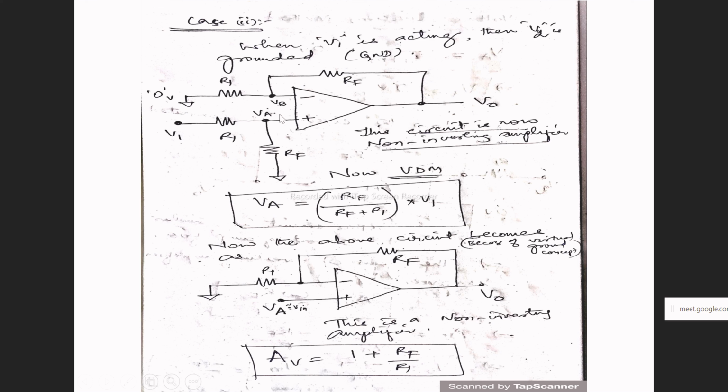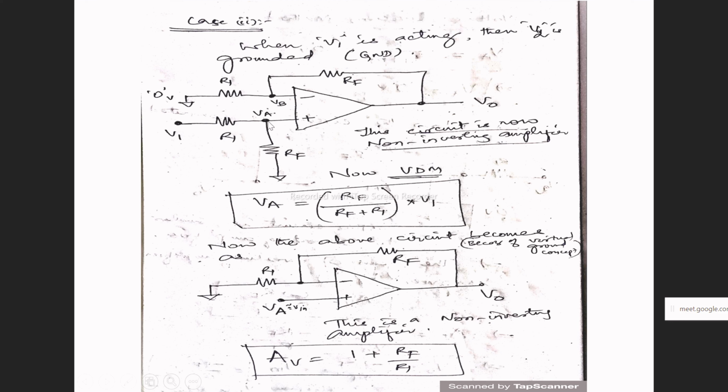So whenever we get the value of VA, the same value exists at VB also. That's why we calculate only VA every time: because of the virtual ground concept, whatever value you get for VA will be equal to VB.